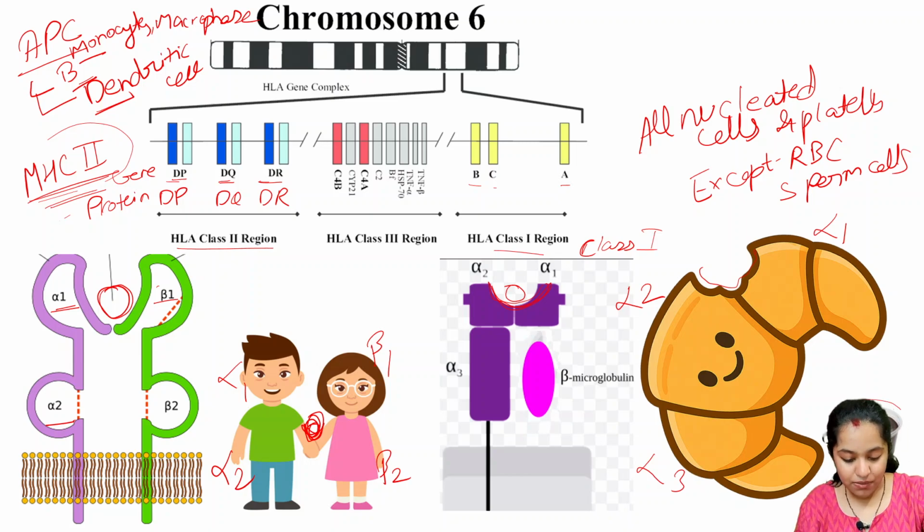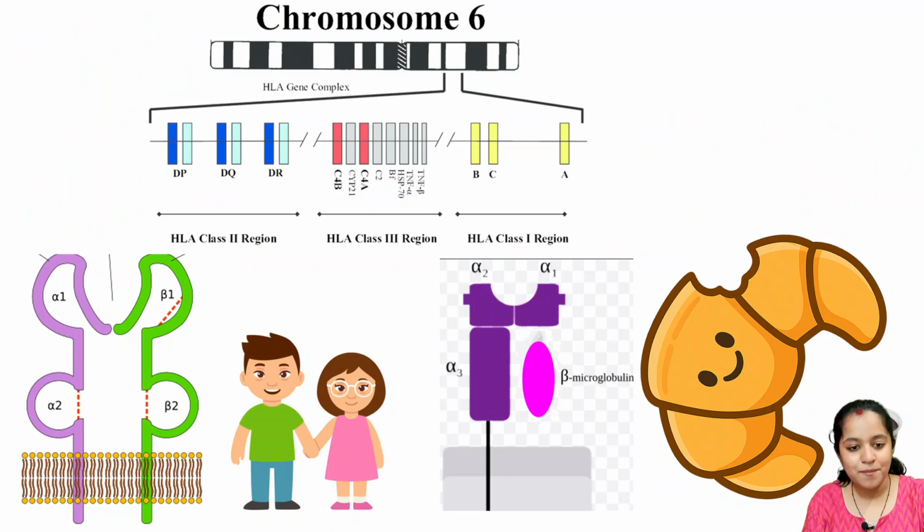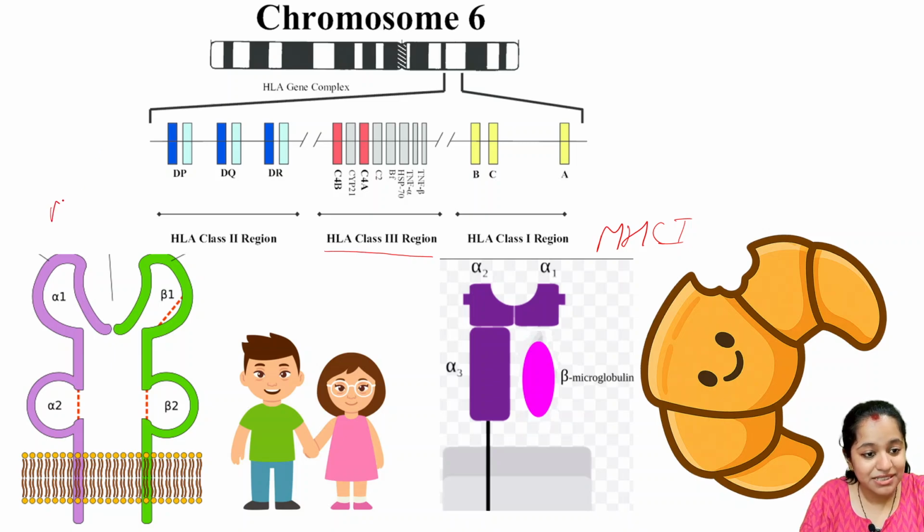Understood? Now, this was your HLA class 1 and HLA class 2 region. Now, there is something known as HLA class 3 region also, but these are not related to any antigen presentation at all. Why? Because we have MHC class 1 molecule present, MHC2 present, but we don't have anything known as MHC3.